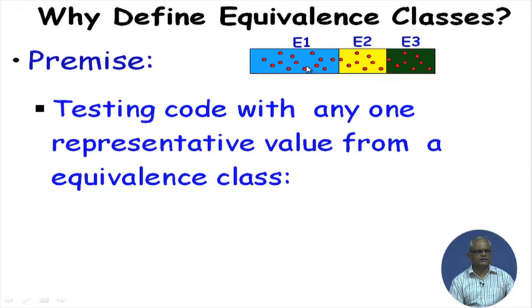So, for equivalence testing we just consider one value. What is the logic behind this assumption that any value is as good as any other value?